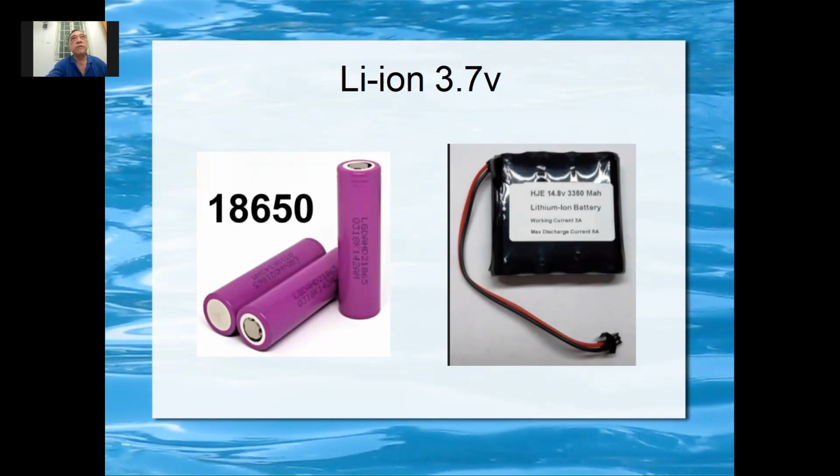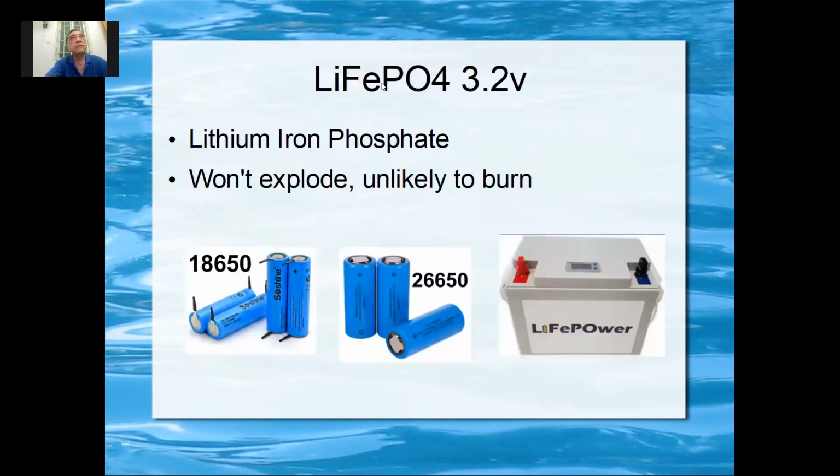So you look at this, if you want to use the battery by yourself, you cannot put them in series like that and charge. You can use them in series, but when you want to charge, you cannot. You must have a load balancer. Every one of these has a load balancer, you just can't see it. Then lithium iron phosphate is 3.2 volt.